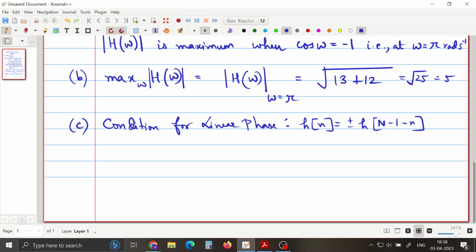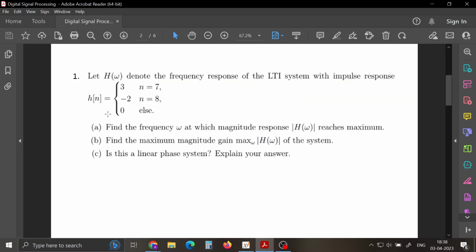So if you go back to the question, the given impulse response is basically two non-zero samples, at n equals 7 and n equals 8. It is 0 at all other indices. So of course its length is 2, right?